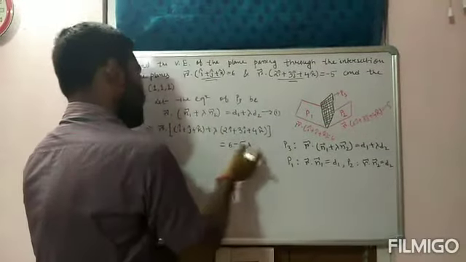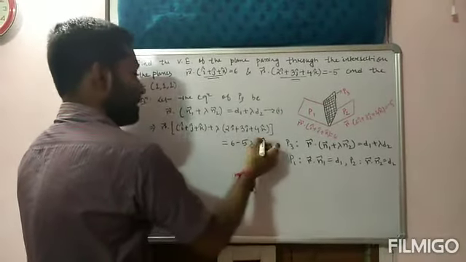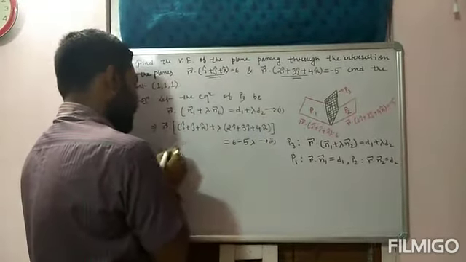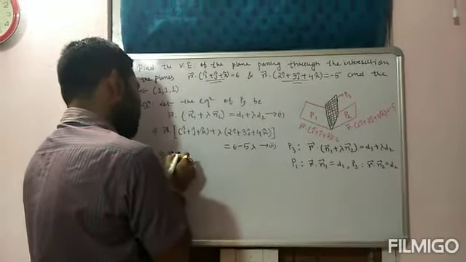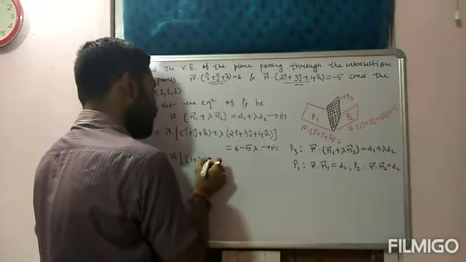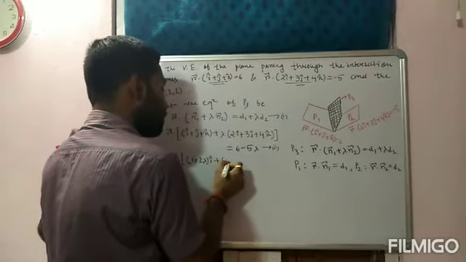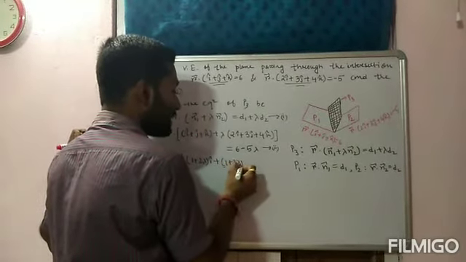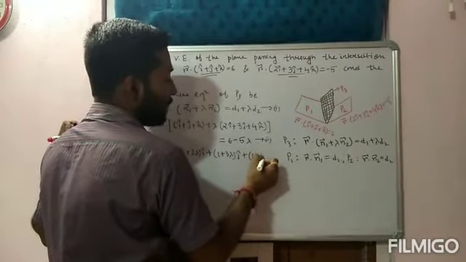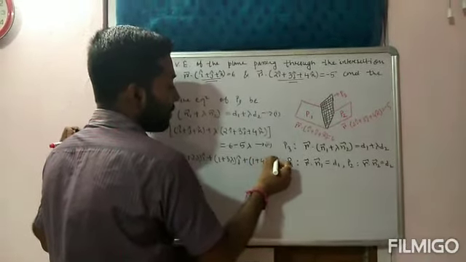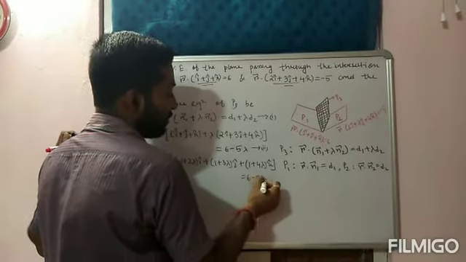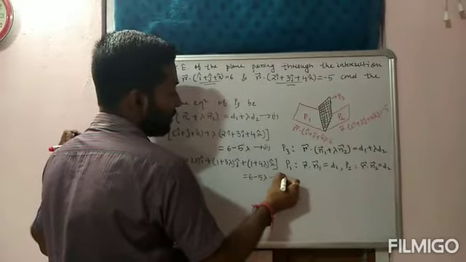This is, say, equation number 2. This equation can be written as r dot (1 plus 2 lambda) i cap plus (1 plus 3 lambda) j cap plus (1 plus 4 lambda) k cap, which is equal to 6 minus 5 lambda. This is, say, equation number 3.